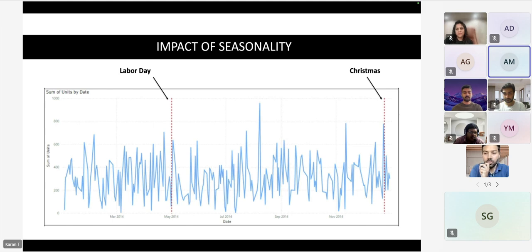They can understand what the impact of the seasonal days is. So you can put another chart into this slide so that it is understandable for somebody who is seeing it and gets the idea of the impact of seasonality.